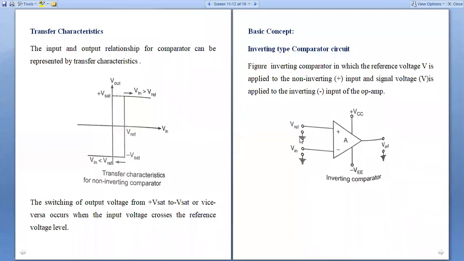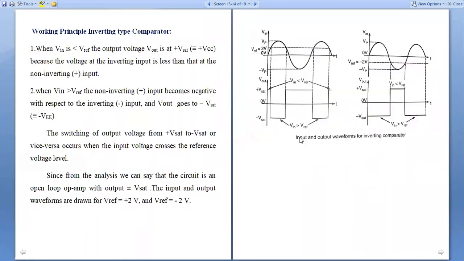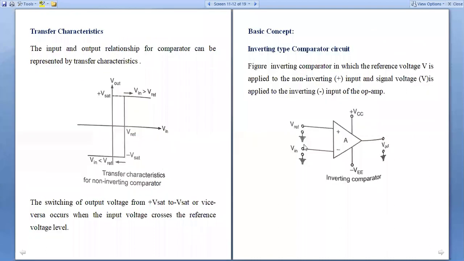Now if we see the theoretical analysis and the output voltage waveform of the inverting type comparator circuit, again, similar to the non-inverting type comparator circuit, we are applying a time variant pulse to the input terminal of the operational amplifier.